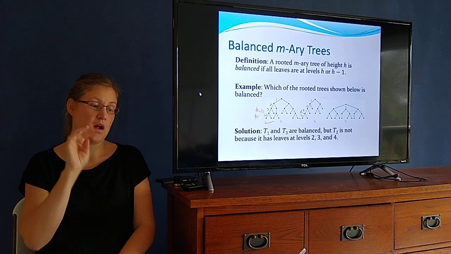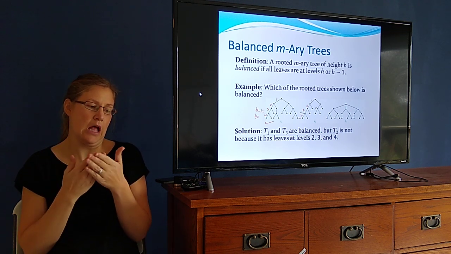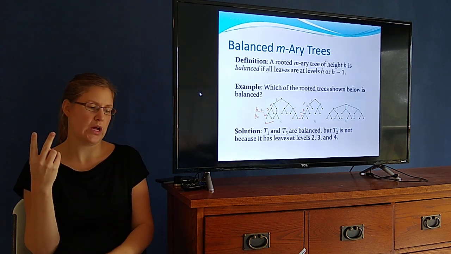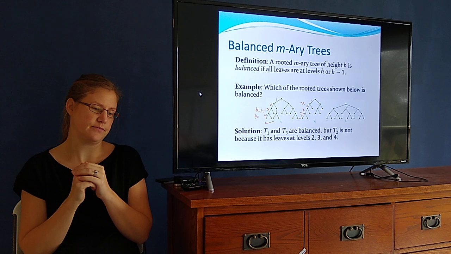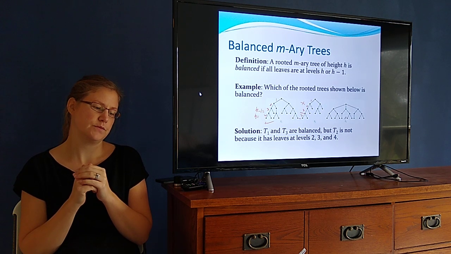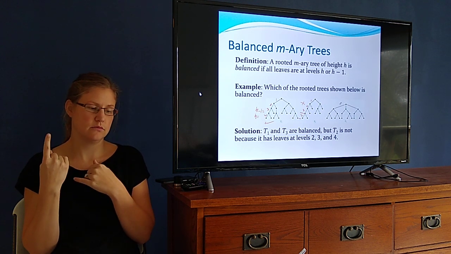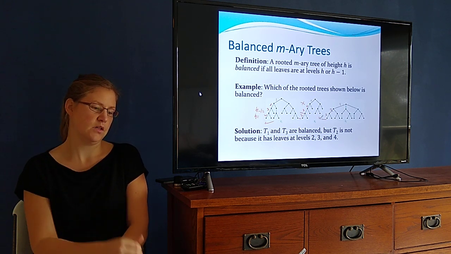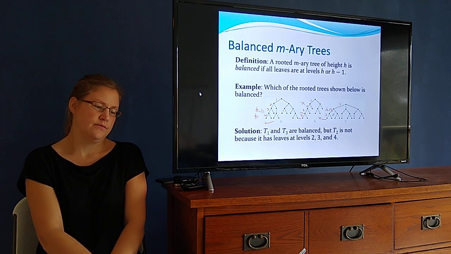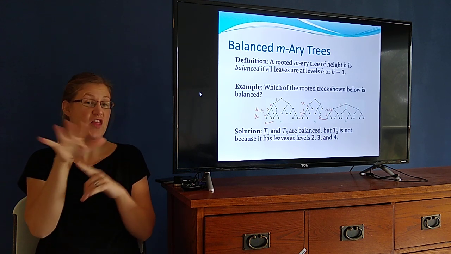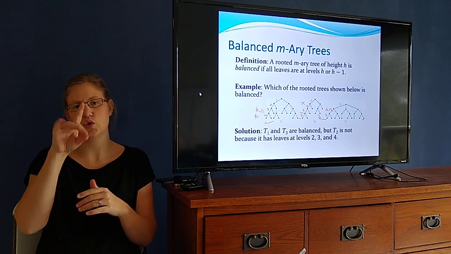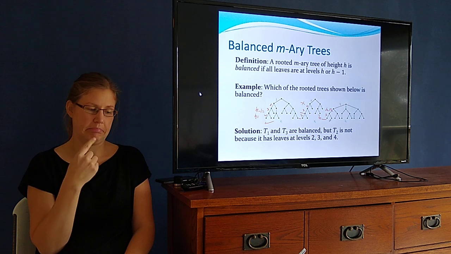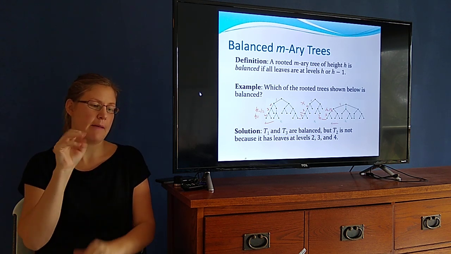But we can see that a couple of leaves appear at level 2, and this is not a balanced M-ary tree. And how about the last one? We have the height of 3. This is h, and this is h minus 1, and you can notice that all the terminal nodes, the leaves, appear at level 3. So this is also a balanced M-ary tree.